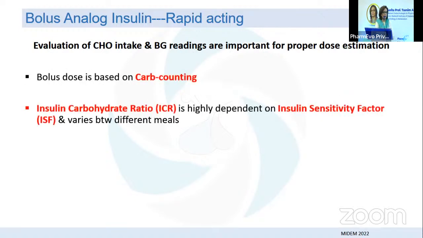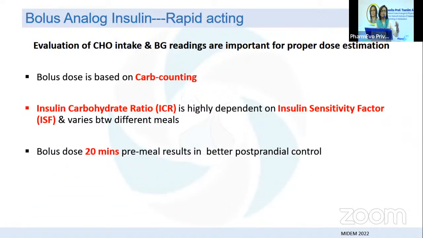Even with analog insulin, the bolus dose is not given immediately before eating. It is best injected some 15 to 20 minutes before the meal. So inject before the iftar break, about 15, 20 minutes before that. And that does not invalidate your fast, because it neither rehydrates nor does it give you any calories.